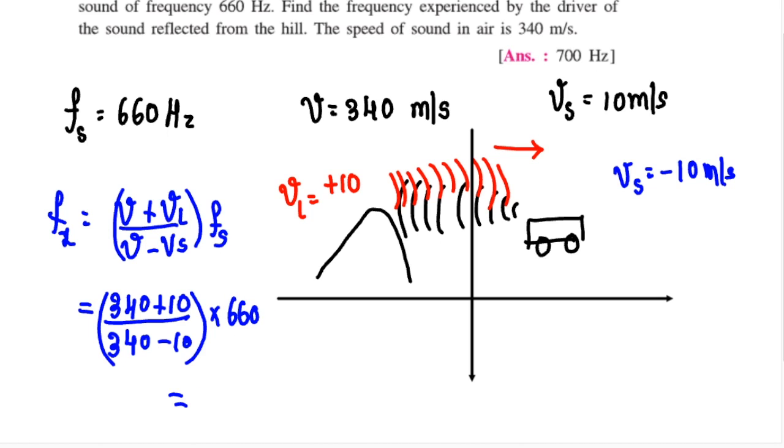By solving it, you will get 350 upon 330 into 660, that is equal to 700 Hertz.